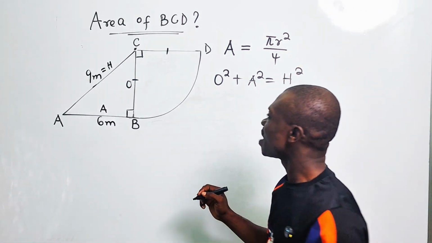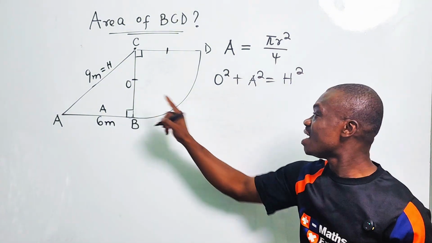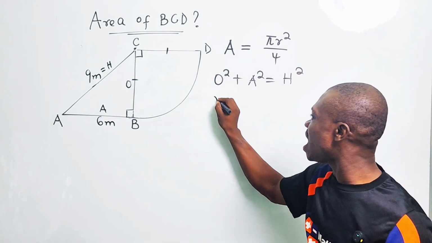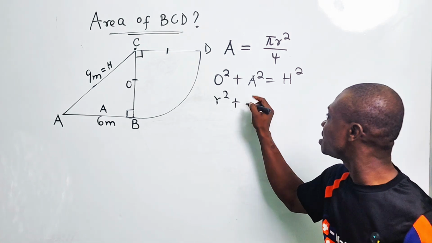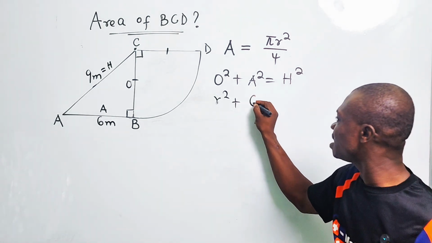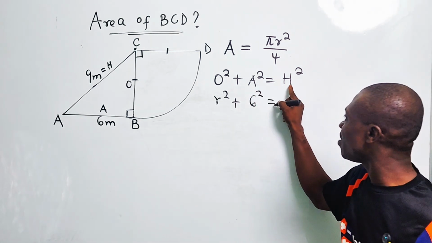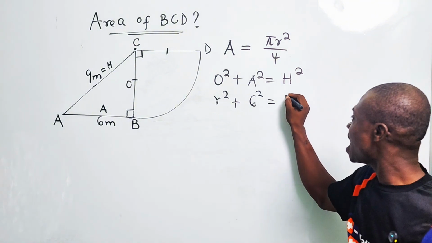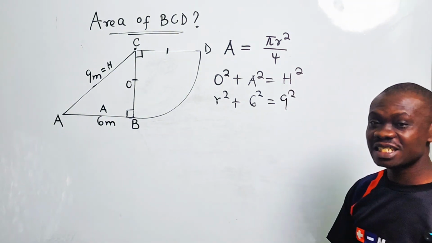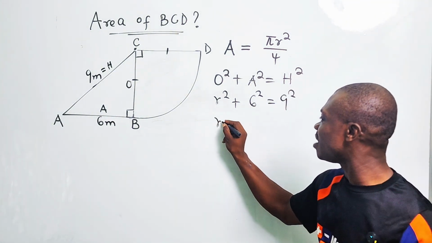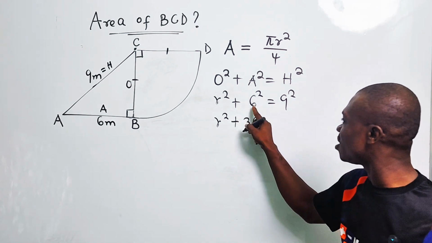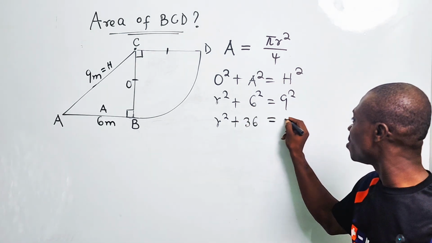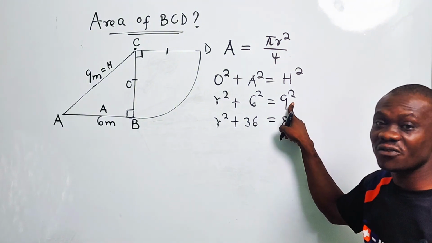From here, my opposite is the r that we are looking for, that's the radius, and then our a is given as 6, and our h is given as 9. So we will have that our radius squared plus 36, which is the square of 6, is equal to 81, the square of 9.